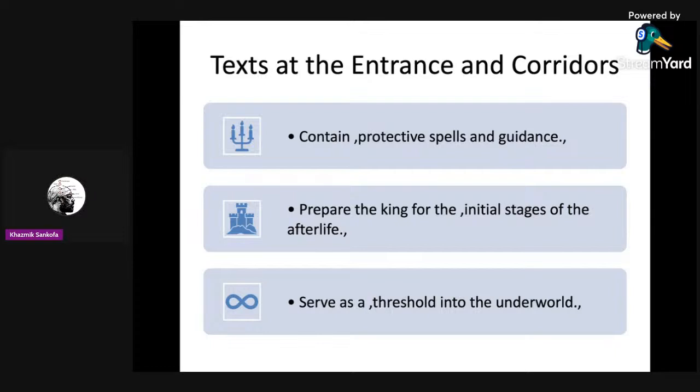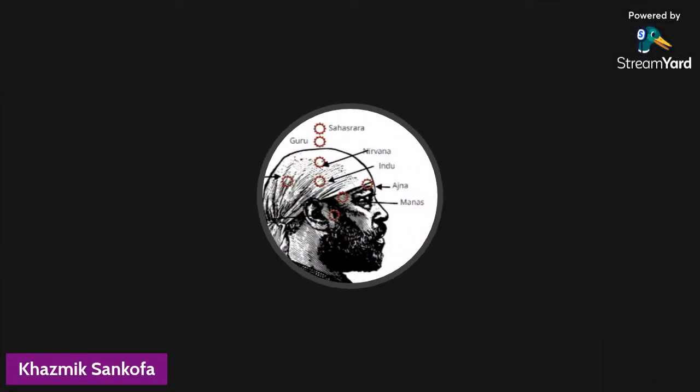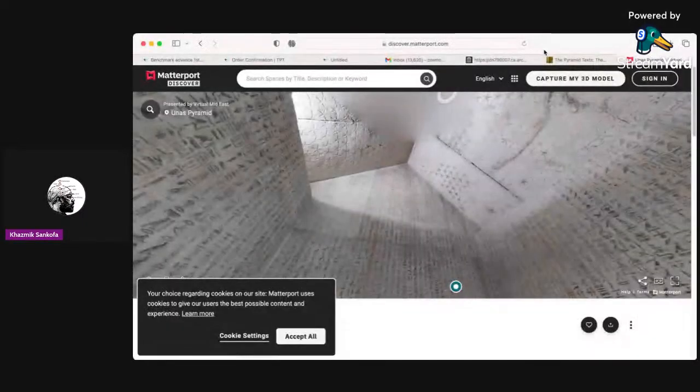All right. The entrance and the corridors contain protective spells and guidance, and it prepares for the initial states, right? So what are we talking about? Let's go back to the scene.